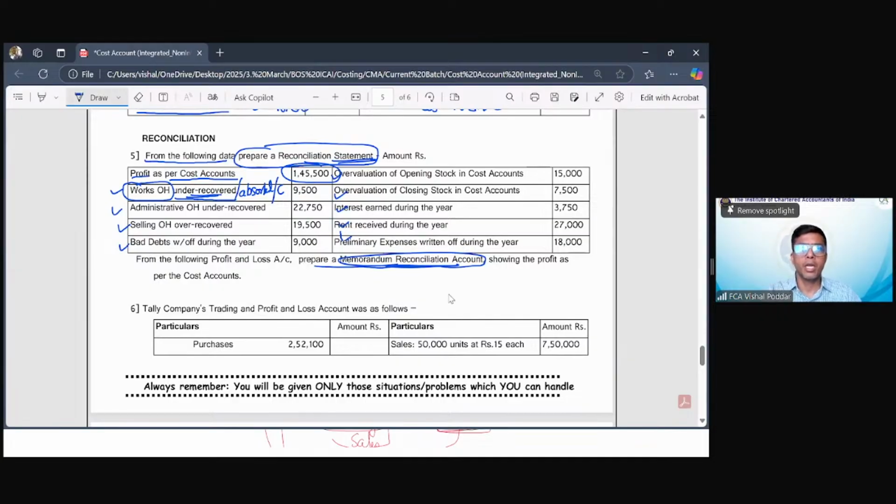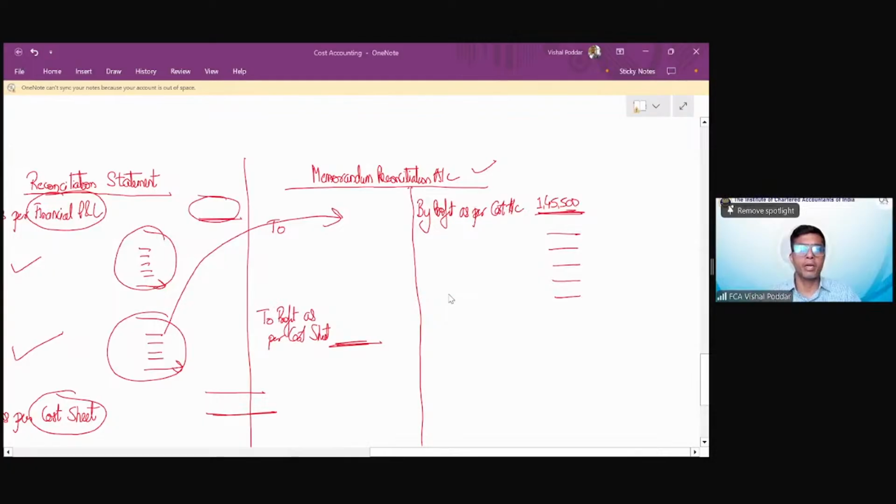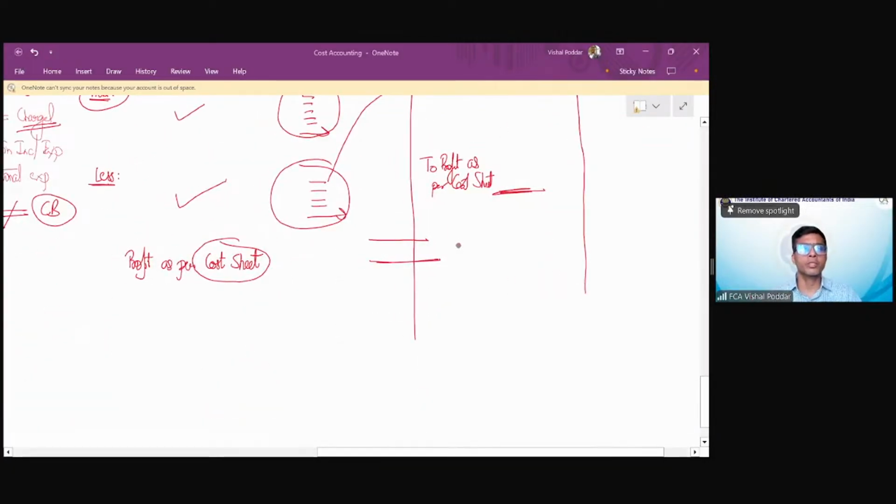Now we have understood how to subtract anything in this statement format. If you are doing the statement format, for subtracting, you will write it here. So we write works overheads under absorbed, under recovered, in the inner column, 9,500.